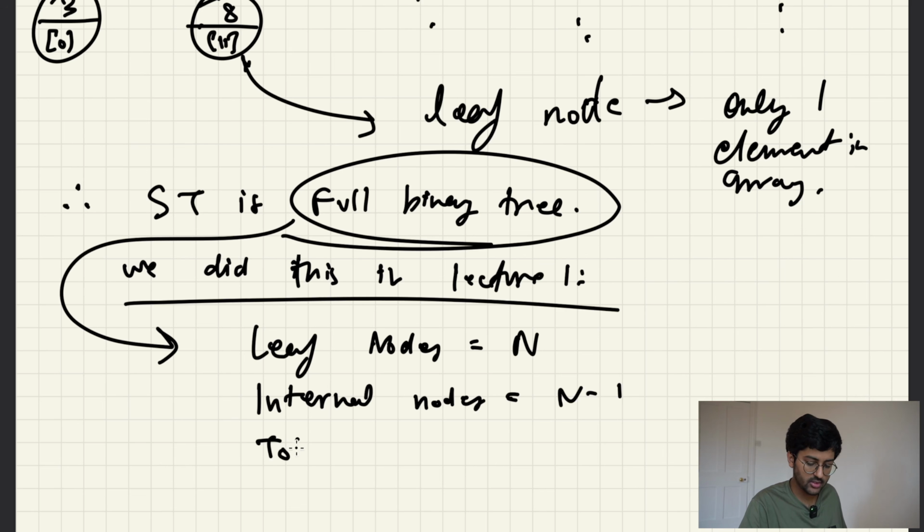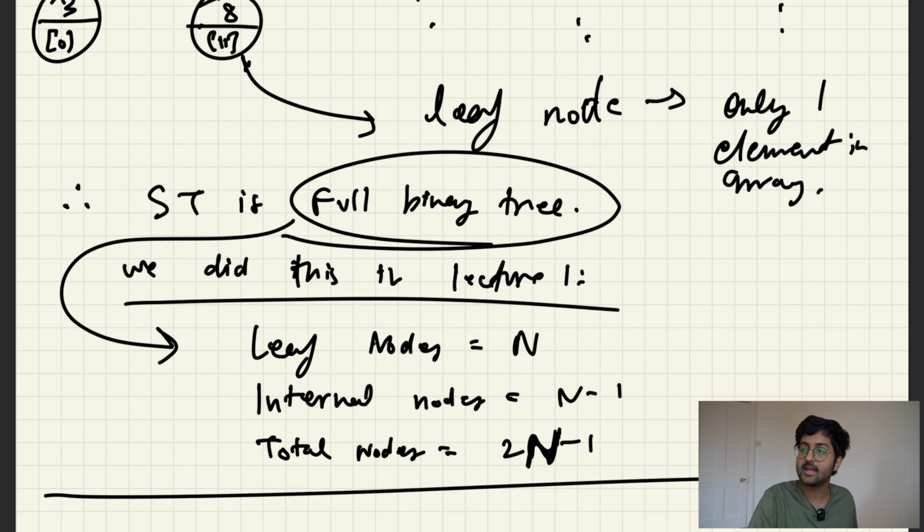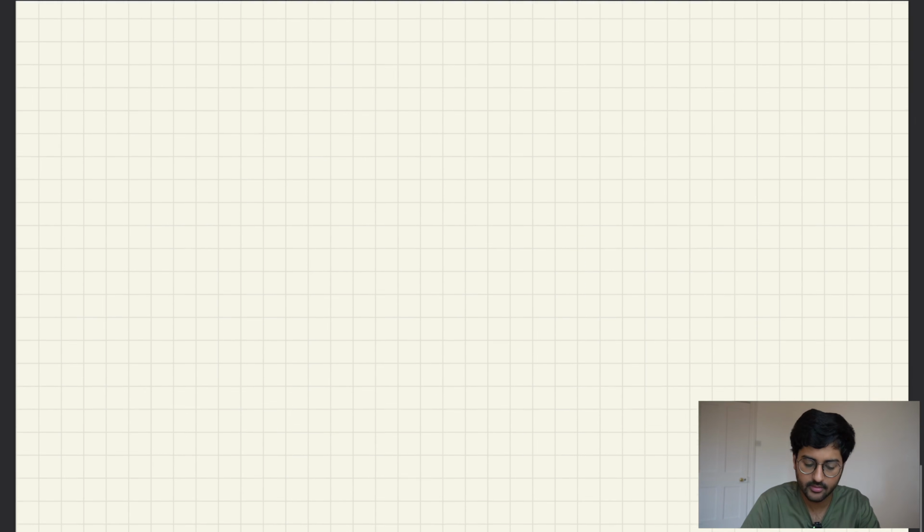Okay, total nodes 2n minus 1. We did this in the previous lecture, so just a recap. Okay, if you want to learn how we are getting this number, check the previous video, lecture number 1.